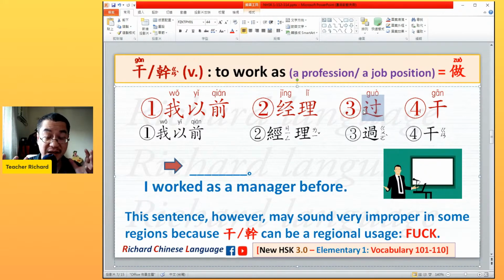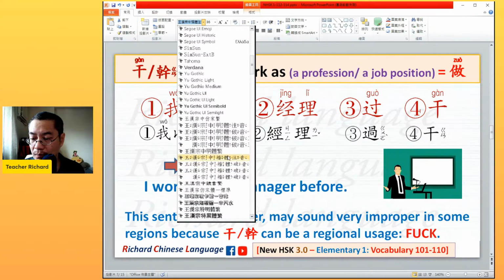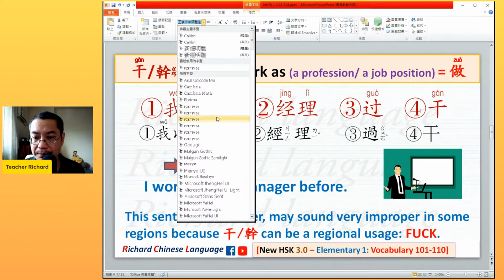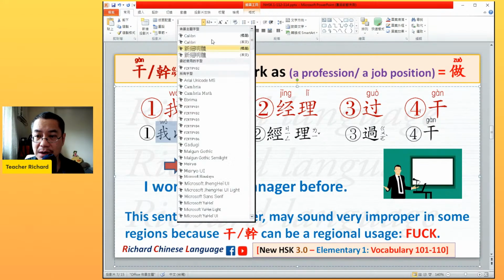It's like ever, it's like once, in English. Okay, 干, sorry, 干 first tone, 干. Okay, so what's the answer? 我以前经理过。Okay, 干。Okay, oh my gosh.